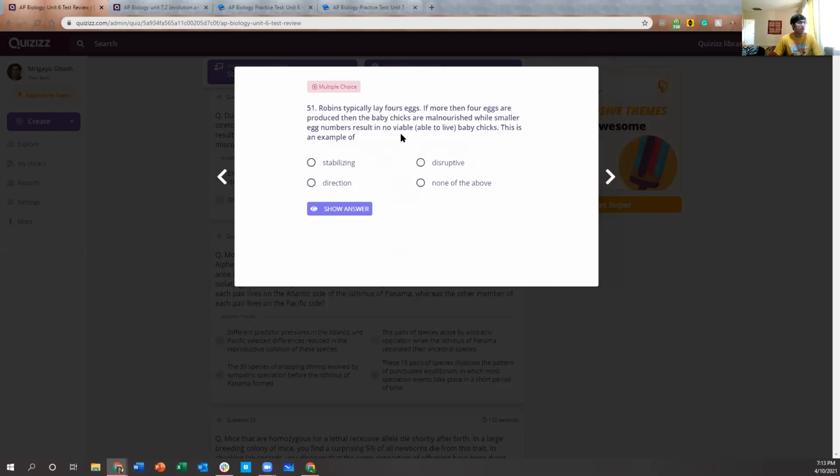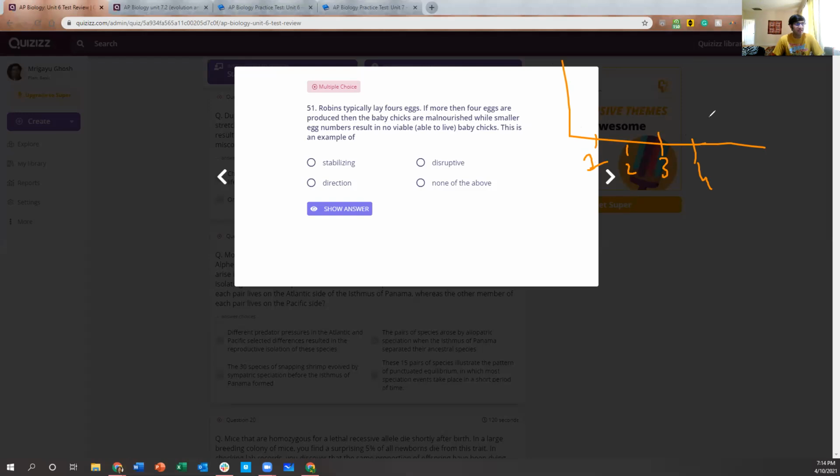Robins typically lay 4 eggs. If more than 4 eggs are produced, then the baby chicks are malnourished, while smaller egg numbers result in no viable baby chicks. So if you have 1, 2, 3, 4, if more than 4 are produced, then they're malnourished.